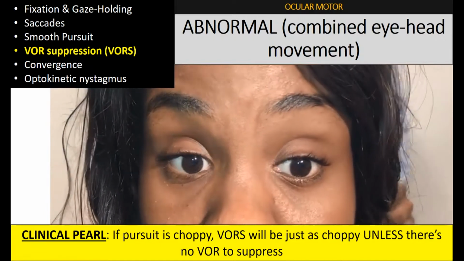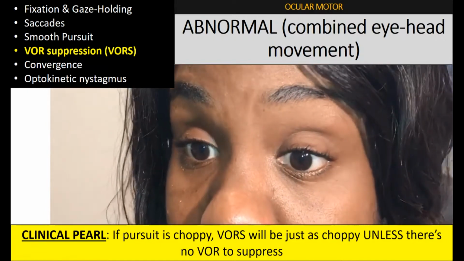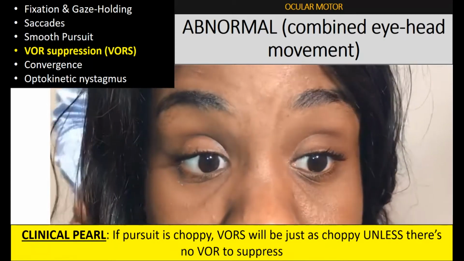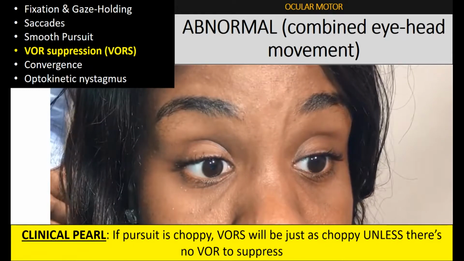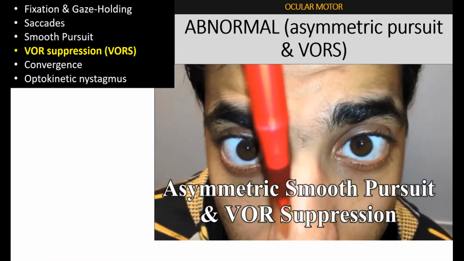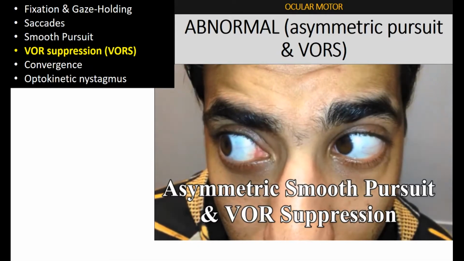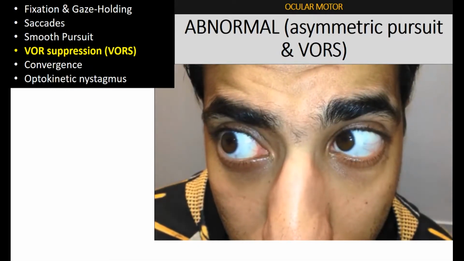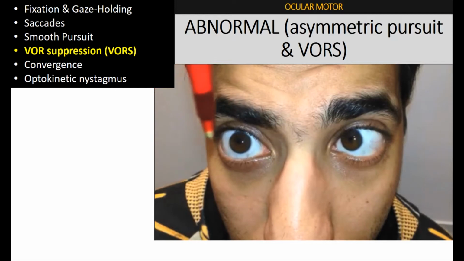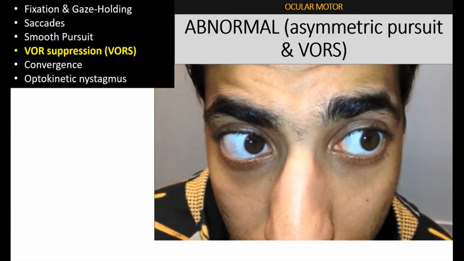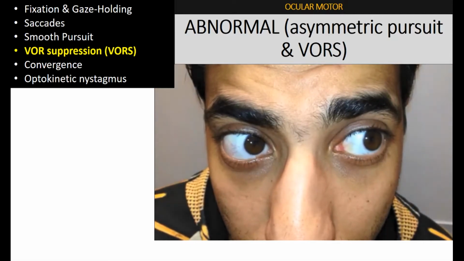This is a patient who's looking at a near target and has upbeat nystagmus. Now he's looking at distance, and now it's downbeat nystagmus. Now he's looking at a near target, and it's upbeating again.